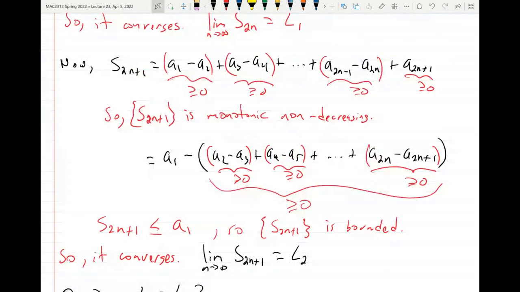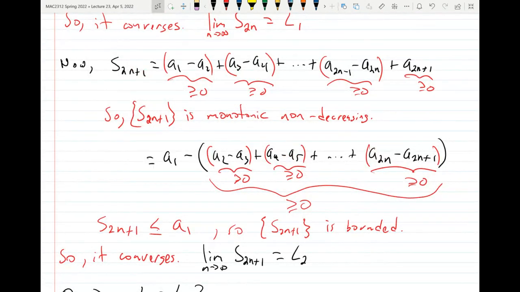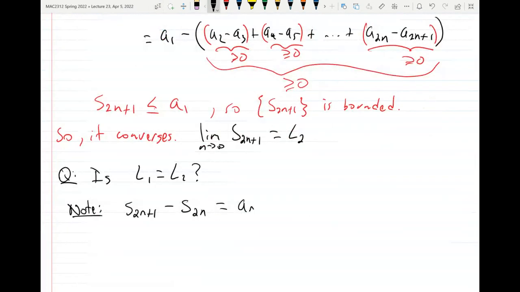Look at what S_{2n+1} was. S_{2n+1} is the sum all the time, right? If you ignore this part, what is this? S_{2n}. So if you do S_{2n+1} minus S_{2n}, you're basically removing this part, so you get A_{2n+1}. It's just like S_n minus S_{n-1} gives you A_n, but here you get A_{2n+1}. So that's the observation.